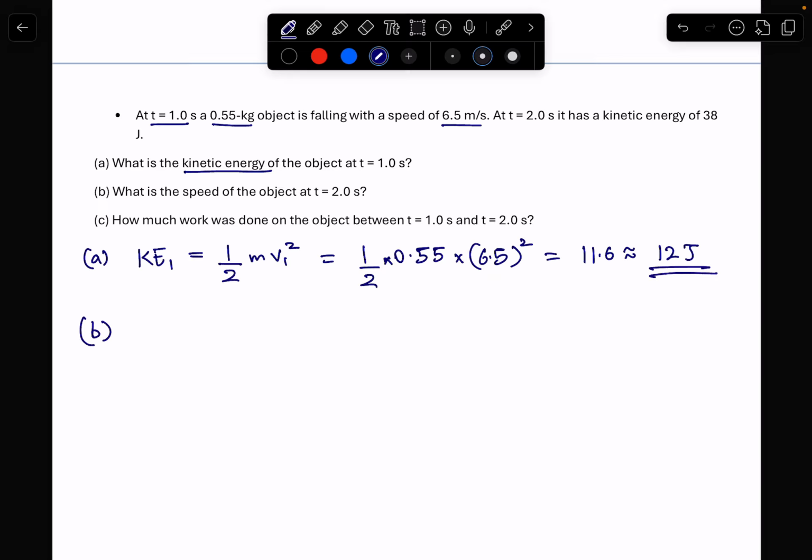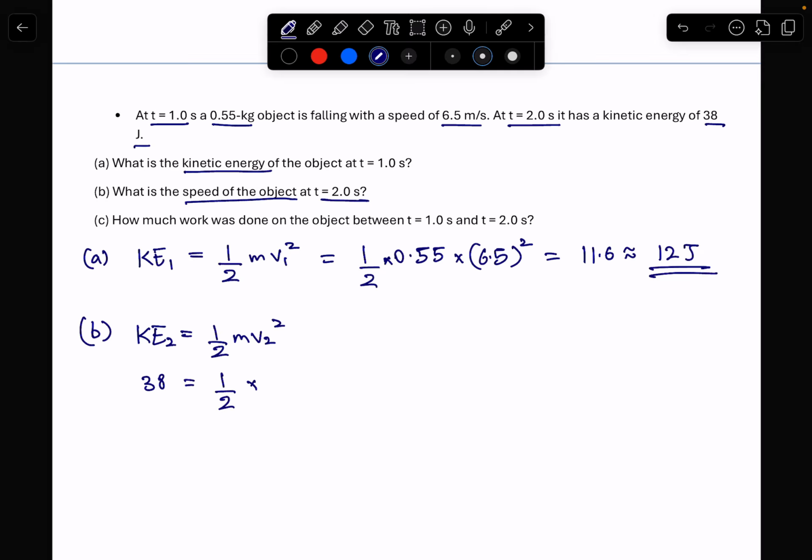Alright, second part. What is the speed of the object at time t equal to 2? So at t equal to 2 seconds, we just know the kinetic energy. So again, writing the expression, right? So here we know KE2 is 38.